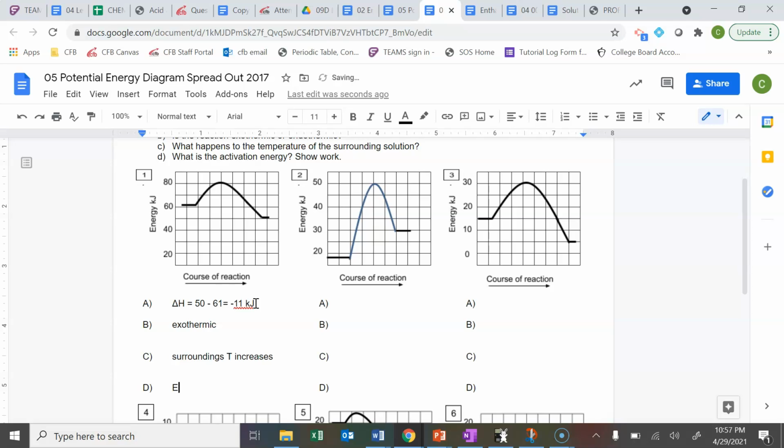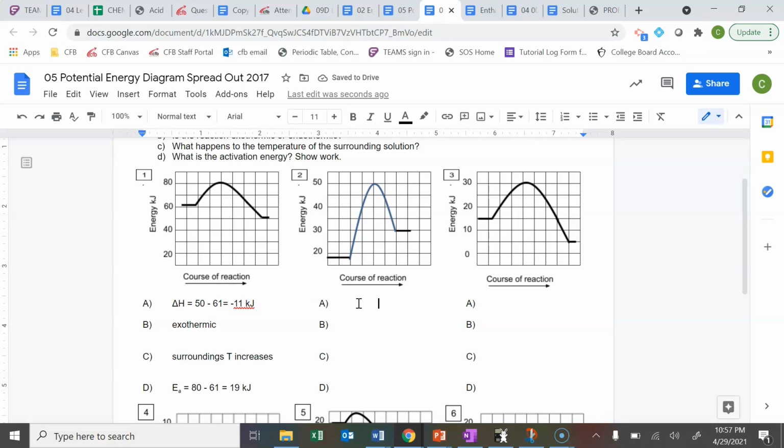And by the way, sometimes we write activation energy as EA. Activation energy can be written a couple different ways, but that's one of the common ways. Activation energy equals 80 minus 61, and that's 19. Again, our units are kilojoules as stated before.